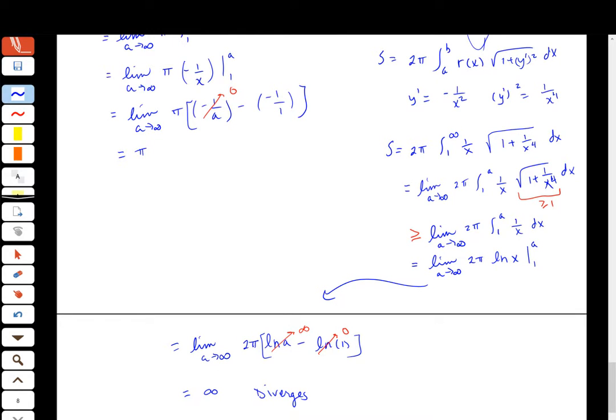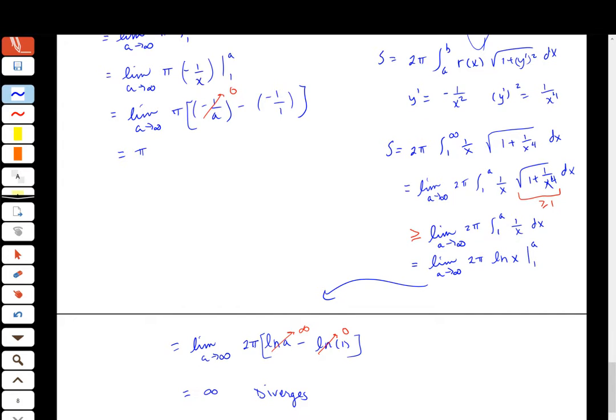Because your integrals follow the same pattern as your numbers. So if you have an integral of a larger value and an integral of a smaller value, if this function is bigger than this one, the area under that function is bigger than the area under this function. Integrals follow the inequality.